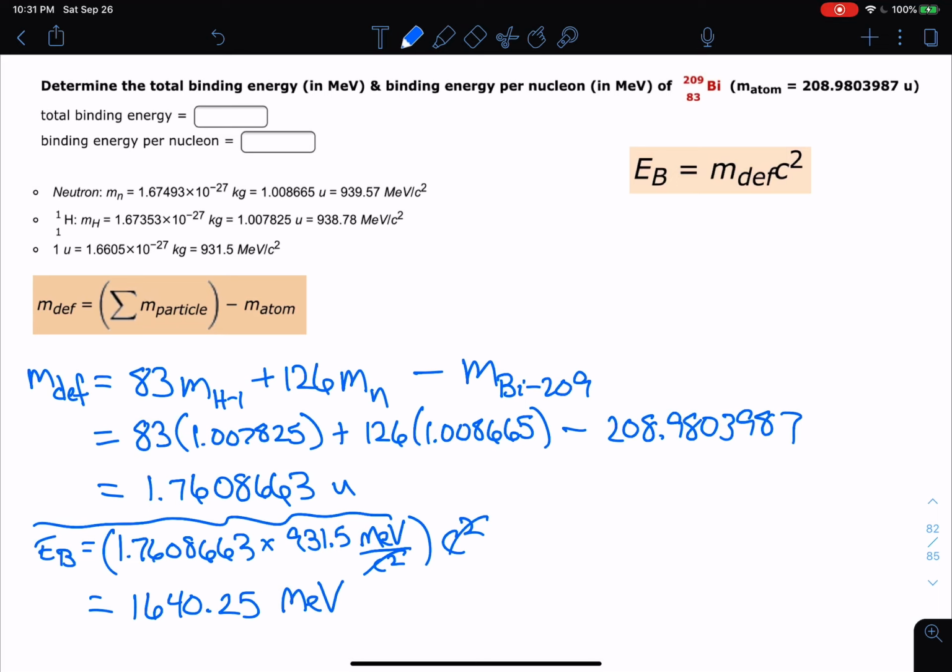That's the binding energy. Then I can figure out the binding energy per nucleon. It's per nucleon, so I just divide by how many nucleons I have: 1640.25 divided by 209. When I do that, I get 7.848 mega electron volts. And there you go.